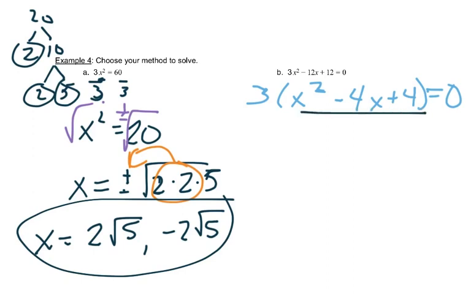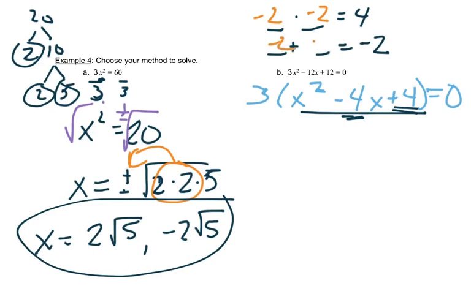And now I have 3 terms, so I can look to see if I can do 2 things that multiply together to get 4 and add together to get negative 4. And I see that that could be negative 2 and negative 2, so I can keep factoring.